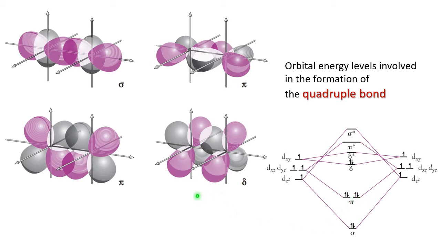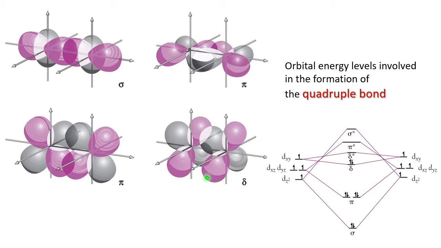But now we have a chance to have one more type of bond, which would be delta, characteristic to d orbitals. When 2 orbitals are parallel to each other, the negative, negative, positive, positive lobes will overlap.